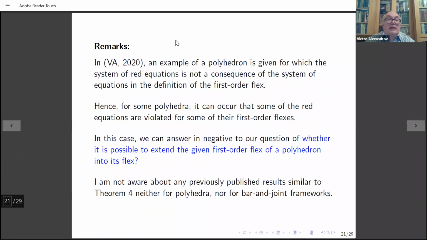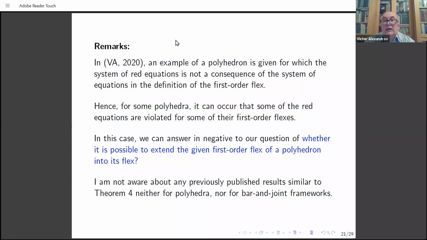So let me say a few remarks. In my paper, published in 2020, an example of a polyhedron is given for which the system of red equations is not a consequence of the system of equations in the definition of the first order flex.